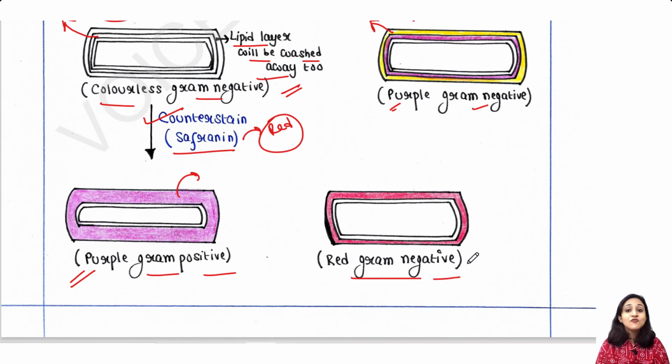Gram-negative cells, which are colorless and transparent, will take up the safranin stain and look red. So if you observe these two cells under the microscope now, the gram-positive cells are purple and the gram-negative cells are red. That is the difference between gram-positive and gram-negative cells.